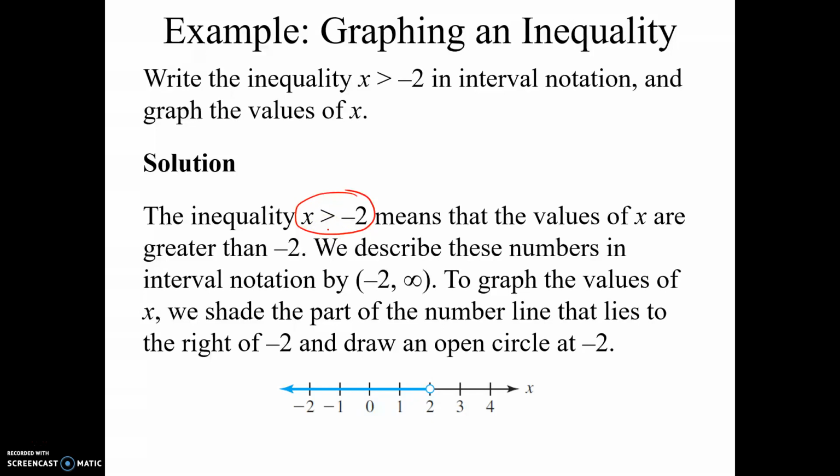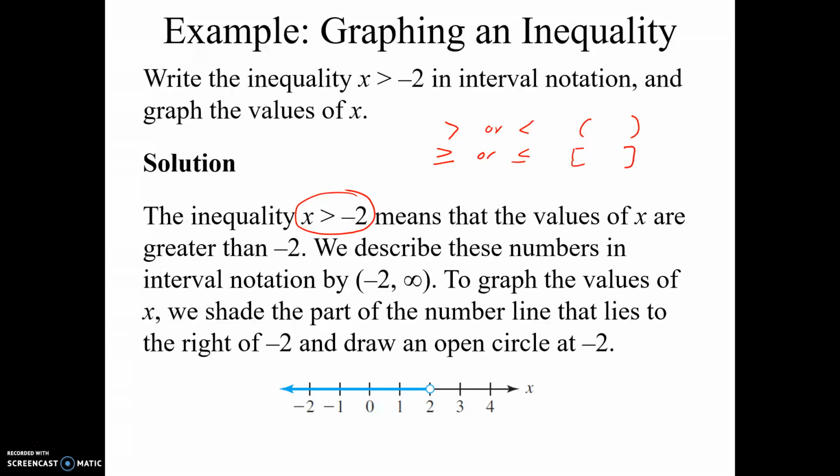So when a number is not included, we have a parentheses to represent that. In other words, if our inequality is a greater than or less than, we will use a parentheses. And if it's a greater than or equal to or a less than or equal to, we will use a bracket. But we'll talk about this during class a lot more.